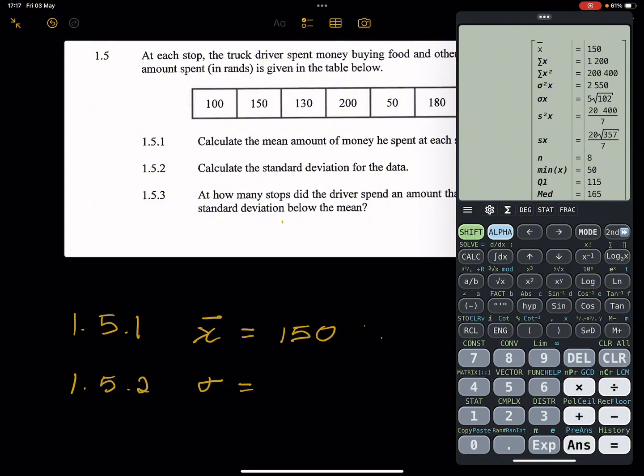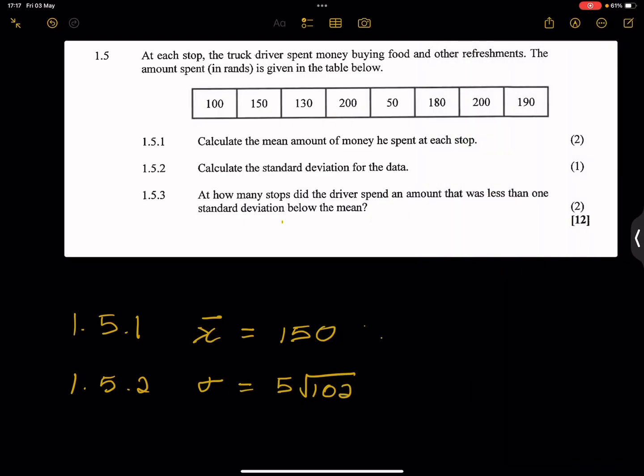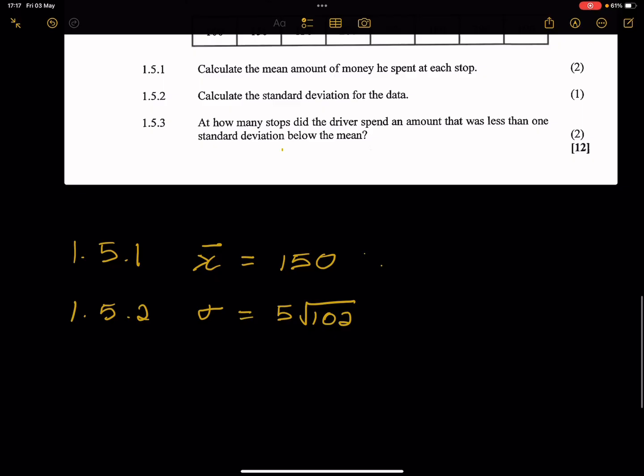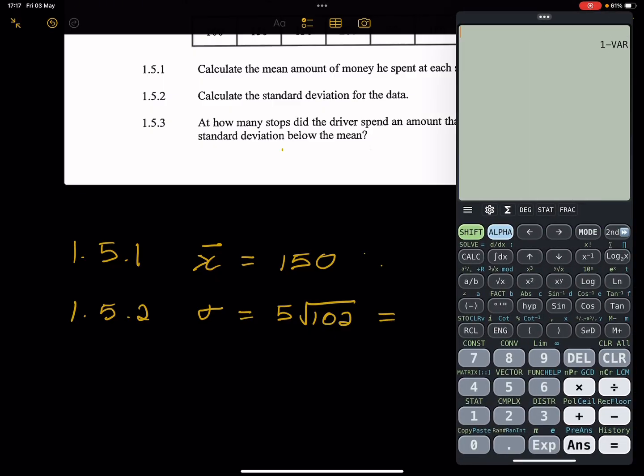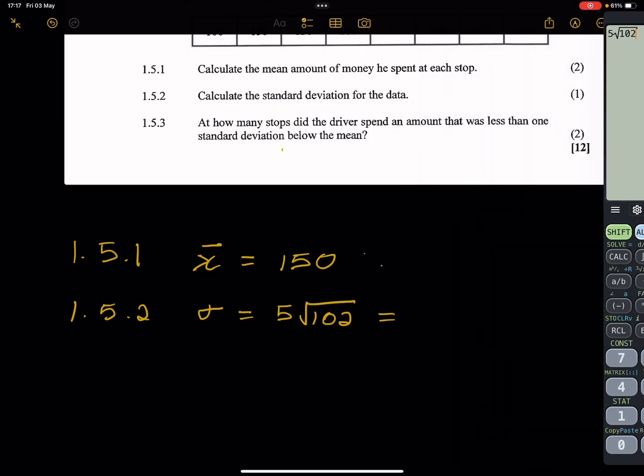We can express that as a decimal, 5 times the square root of 102. And this time around, let's try and calculate that. What's 5 root 102? That's about 50.5, shall we say?